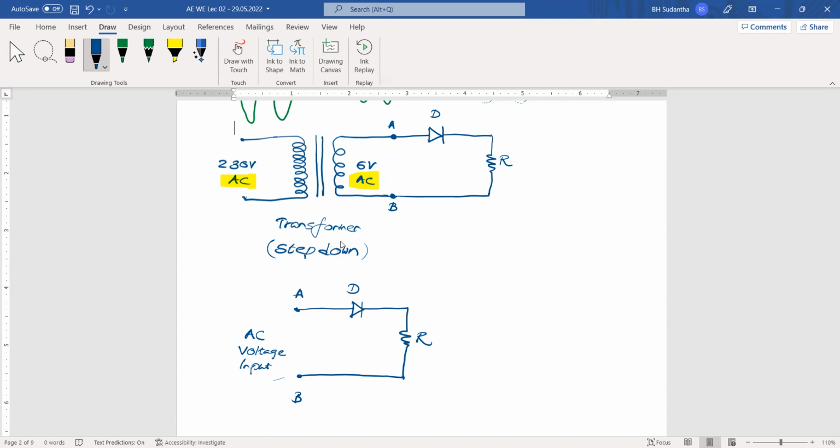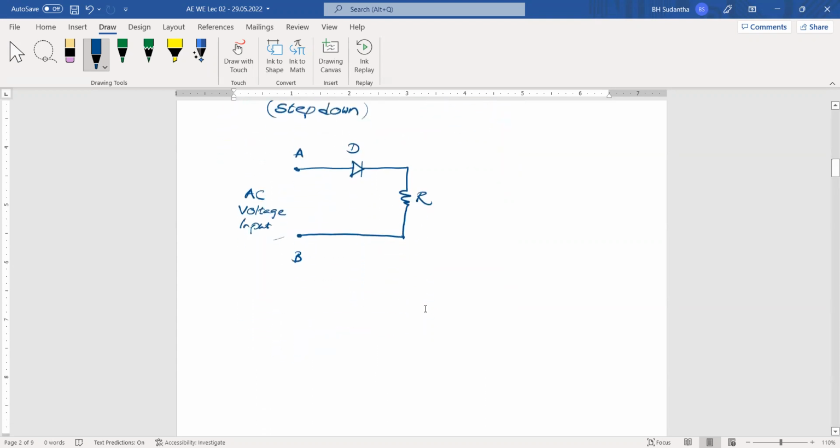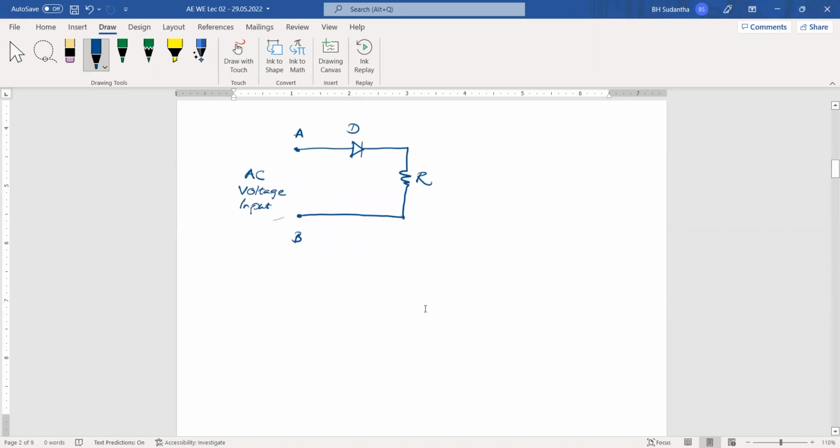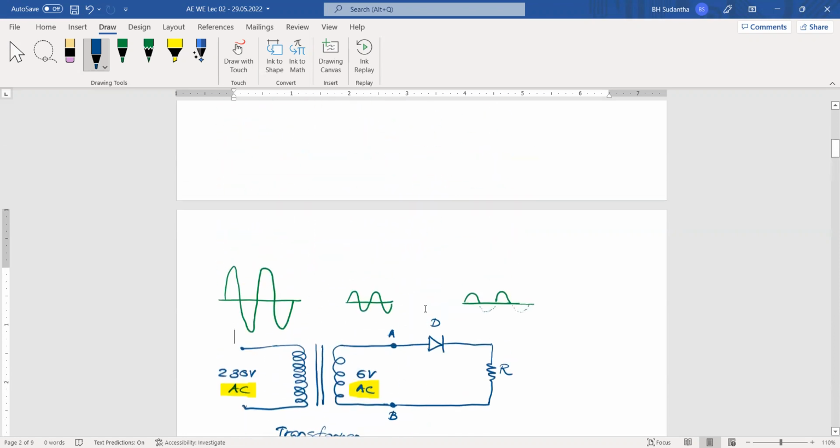But any voltage source is fine, maybe a power supply or whatever the way. It doesn't matter. We need only this AC voltage input here.